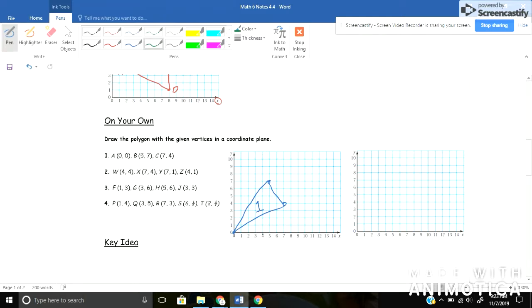So over 4, up 4. Oh, don't do that to me. 7, 4. So over 7 up 4, same as that other point. 7, 1. And then 4, 1. So I'm going to have a square here. So that's number 2.